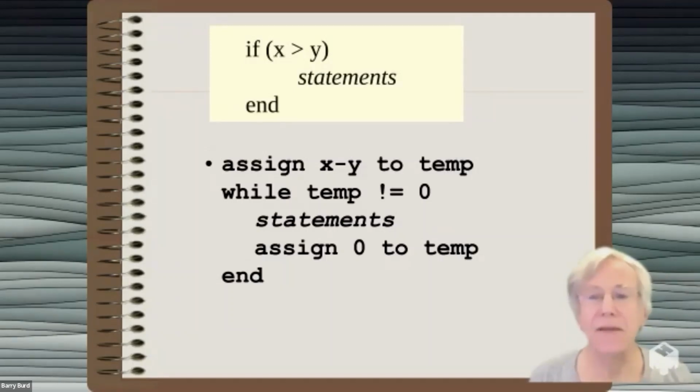And then ask if that gave you 0. And if it did, then execute the statements that you want to execute and drop out. Since it's an if statement, not a while statement, we want to immediately assign 0 to temp so that we don't keep going, do more than one loop iteration.